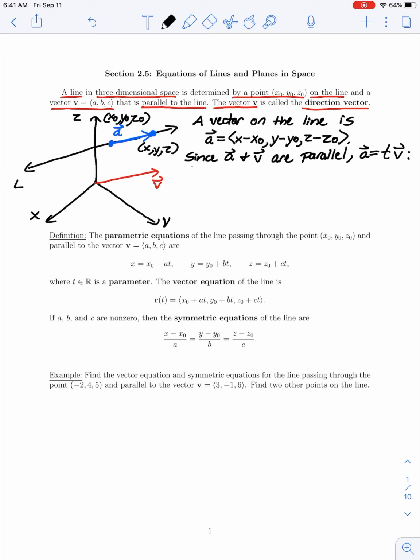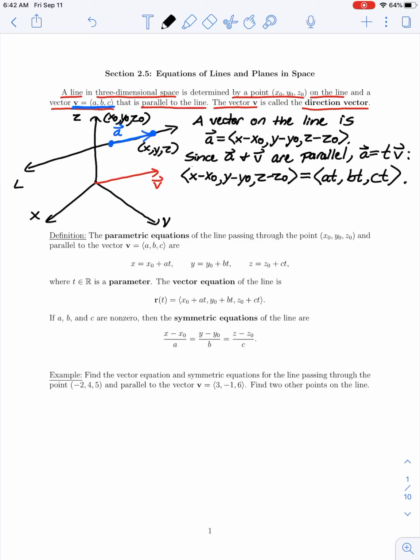So writing that equation, A was the vector x minus x naught, y minus y naught, z minus z naught, and that has to equal t times v. If v was the vector whose components are a, b, c, and we multiply that by the scalar t, we would have the vector a times t, b times t, and c times t.